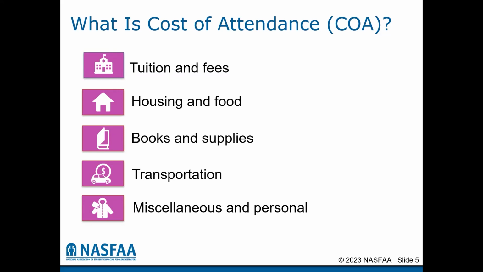Colleges combine direct and indirect costs to create an overall cost of attendance. We also refer to this as the student's budget. The cost of attendance varies widely among colleges and universities, depending on their own tuitions, fees, and expenses.